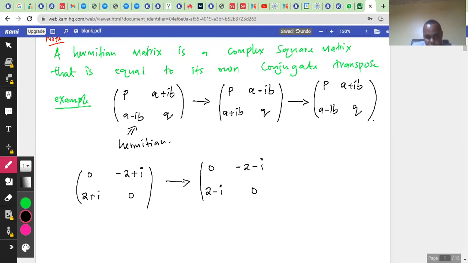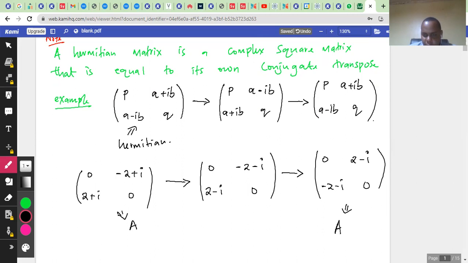Then we transpose it: 0, 2 minus i, -2 minus i, 0. You see, if this is A, then this is skew Hermitian, negative A. So in this case, this matrix is going to be skew Hermitian.